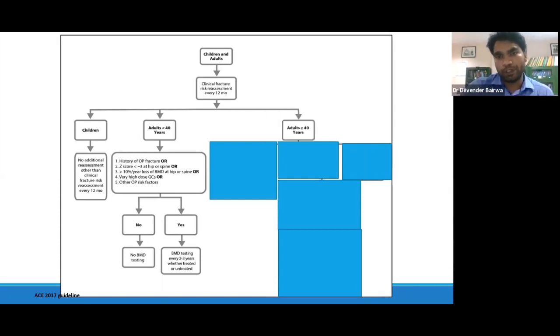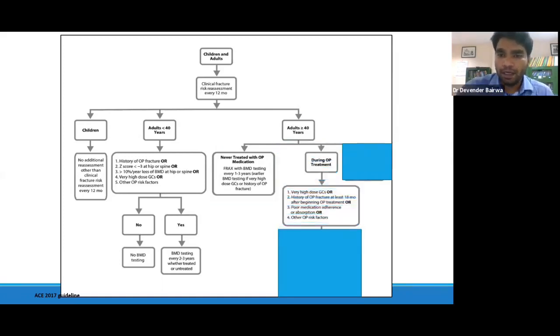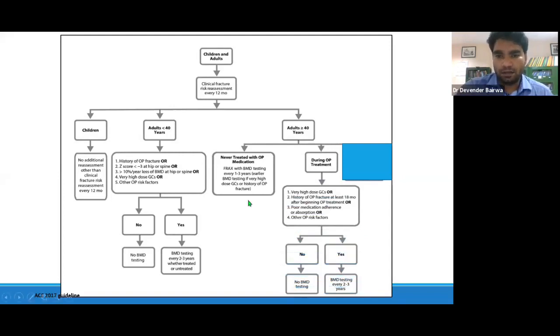Coming to adults more than 40 years of age, if there is a patient who has never been treated with osteoporosis medication, then FRAX with BMD testing is required every 1 to 3 years. You can do it earlier also if the patient was on a high dose of steroid or there is a history of osteoporotic fracture. Suppose the patient is getting treatment, and during osteoporosis treatment the patient is on a very high dose of glucocorticoids, or there is a fracture at least 18 months after beginning of treatment, poor medication adherence or absorption, or other osteoporosis factors, then you have to go for testing every 2 to 3 years.